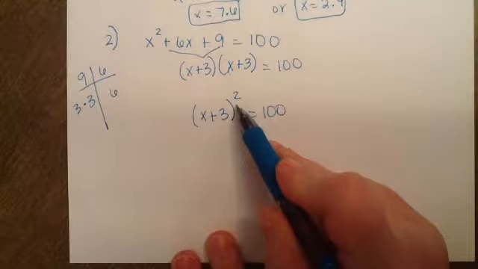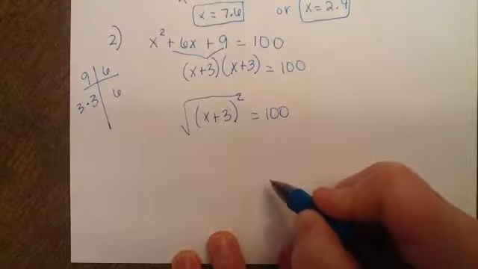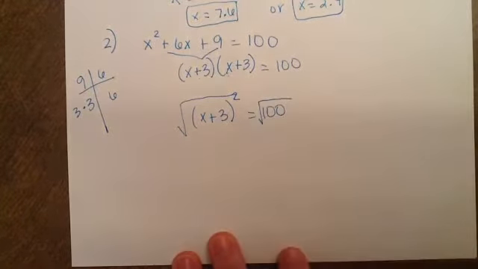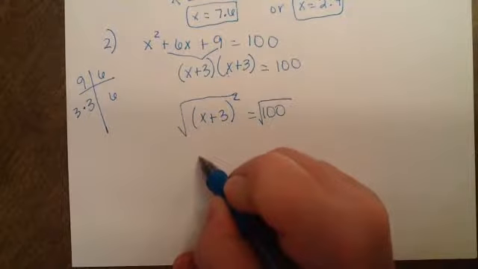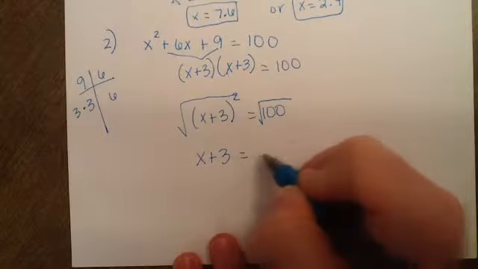How do I get rid of a squared sign? Take the square root. What do I do on one side? You must do to the other. The square root sign and the squared cancel, leaving you x plus 3.